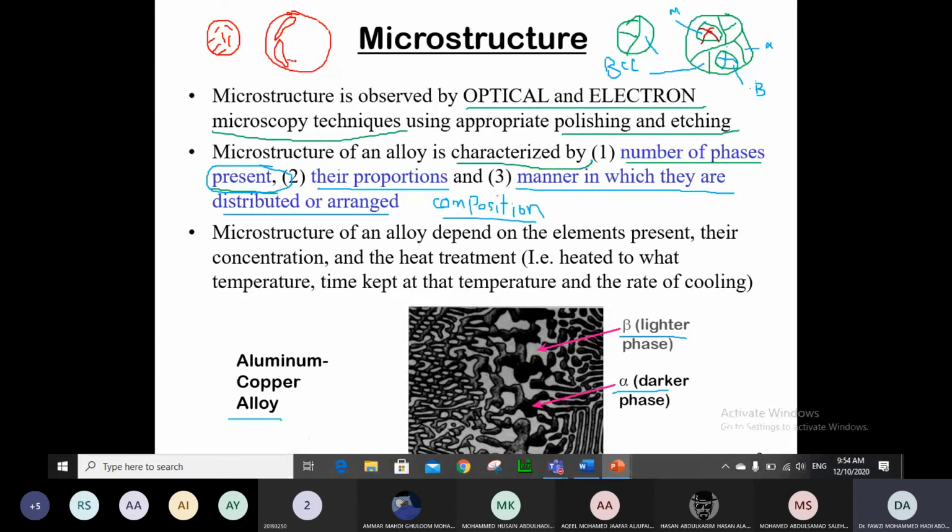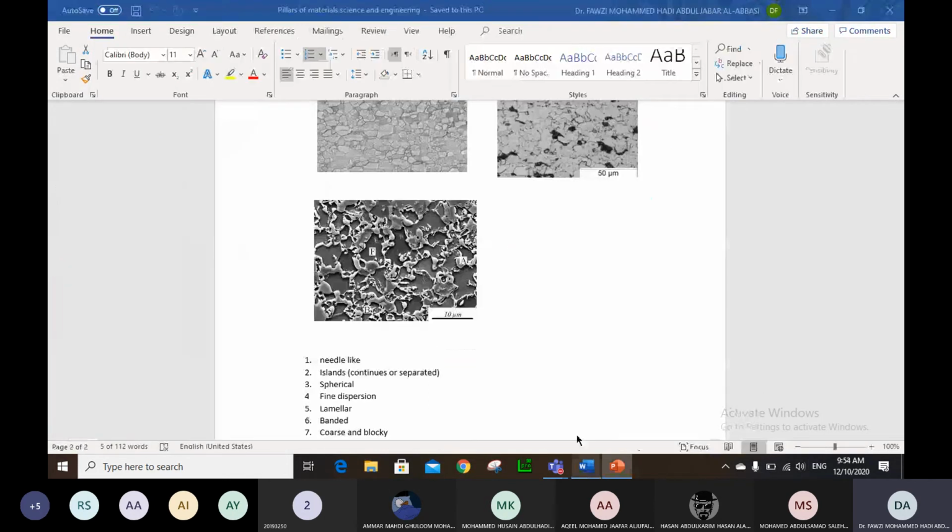So we refer to that as continuous islands there, so that they are continuous. This also changes the mechanical properties of the material, because this continuity actually restricts the plastic deformation of the material as well.